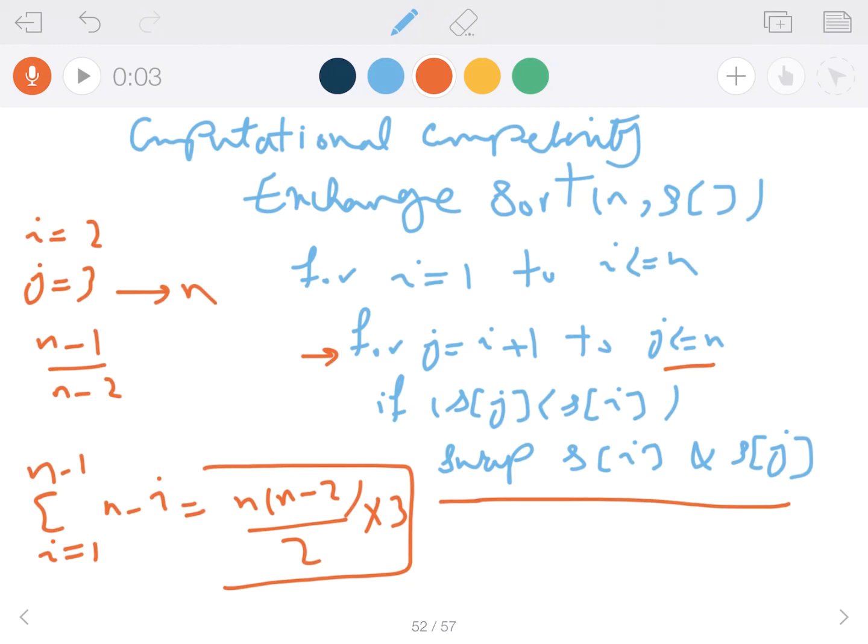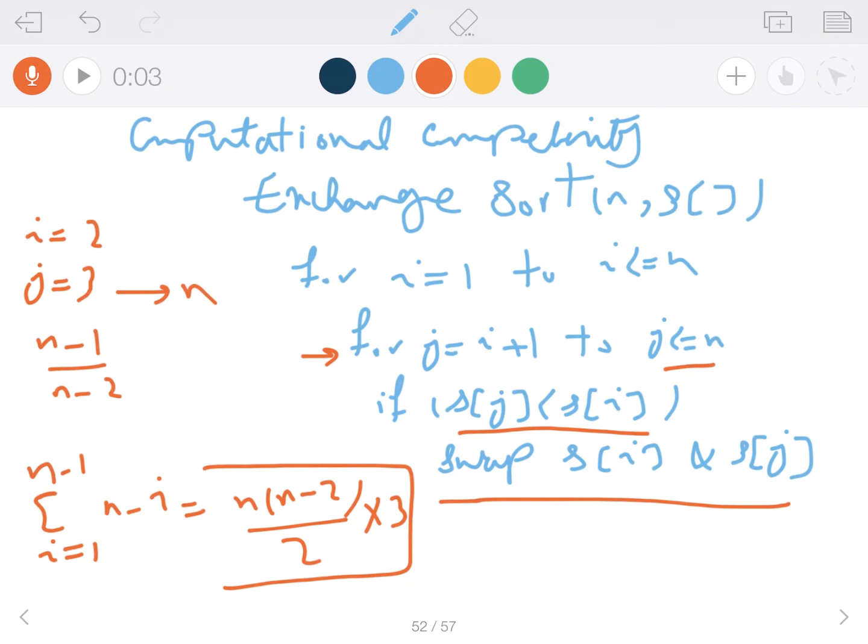I have shown this for insertion sort for the number of assignments in the average case. As you remember, for the average case you need to determine when this condition holds. In the worst case we said that this condition always holds, so we have 3 assignments for every inner iteration.